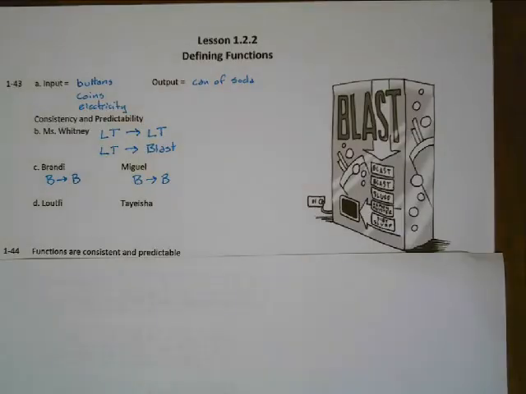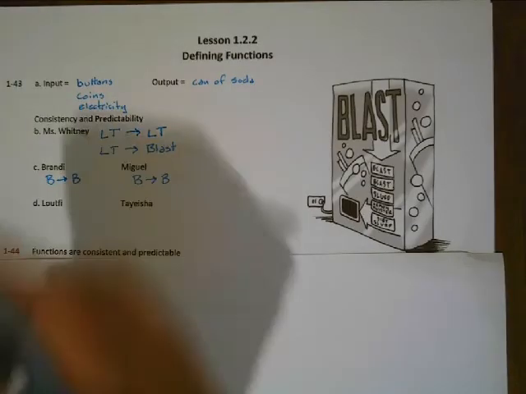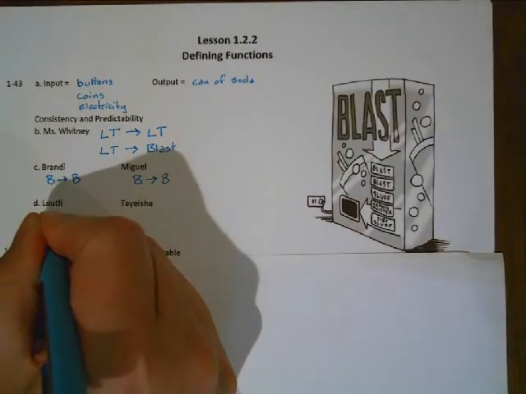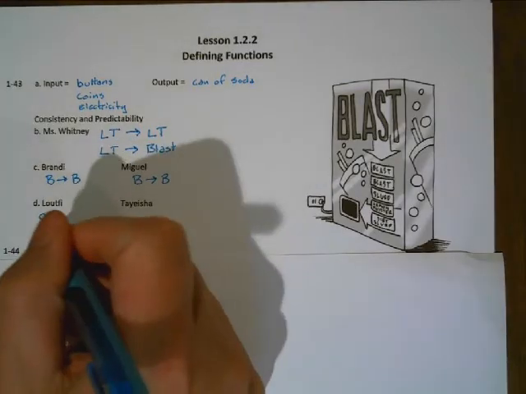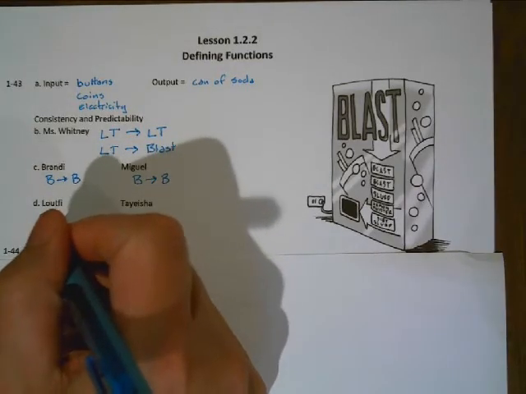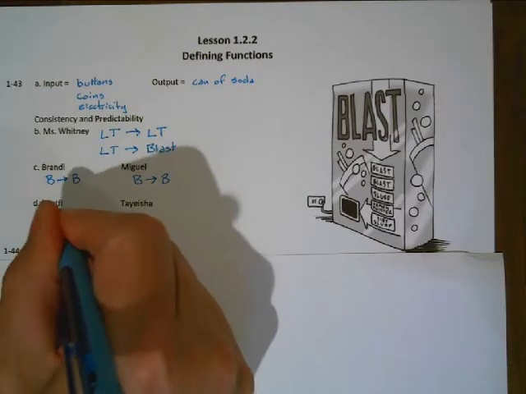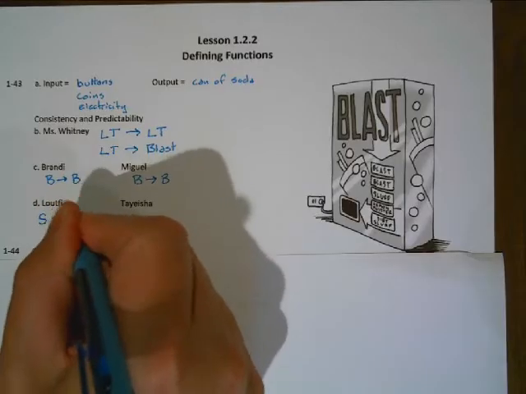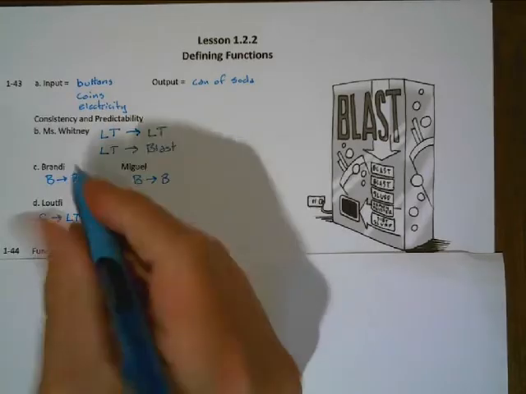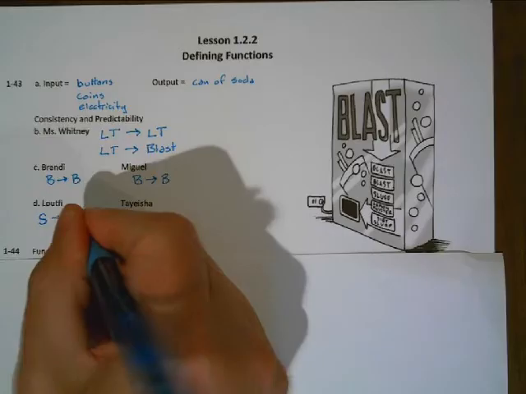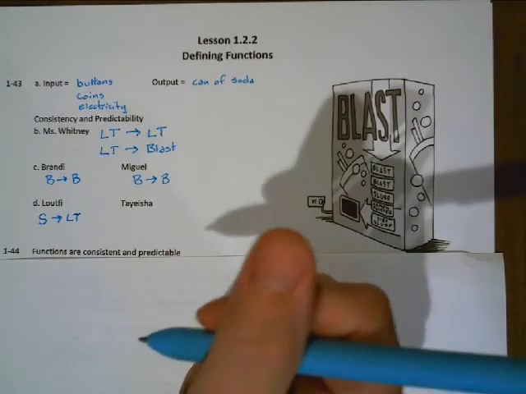All right, next situation. Lutfi comes along, and he's like, gotta have some slurp. So he's going to press the button for slurp. All right, and then out comes lemon twister. Miss Whitney would probably be happy about that, but Lutfi does not like lemon twister, so probably not very happy.